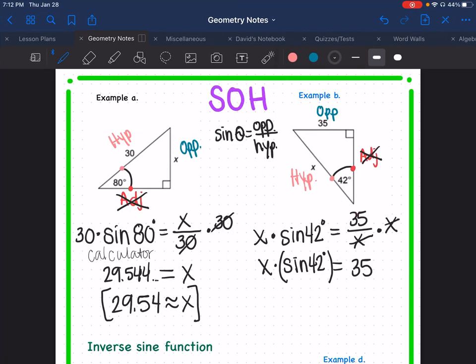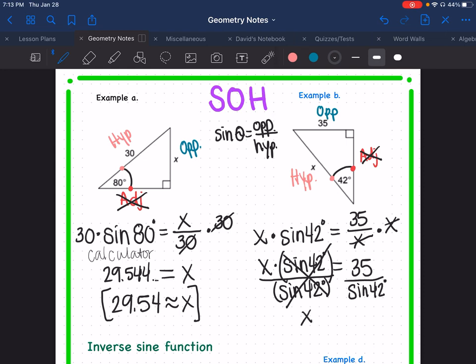So how do I get rid of this number, which is 0.6 something? Well, I'm going to get rid of the multiplication. And to do that, I'm simply going to divide by the same number. If I divide the sine of 42 by the sine of 42, they cancel out. What I do to one side of an equation, I must do to the other.